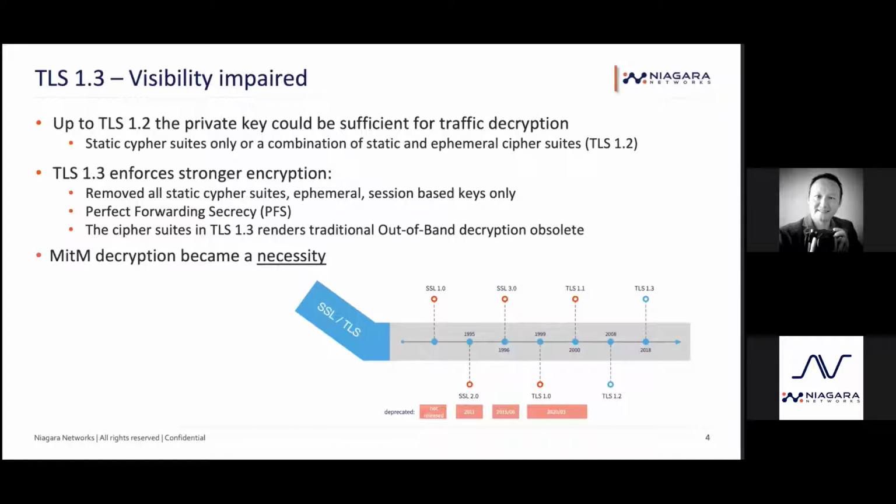Well, in TLS 1.2, there were already cipher suites that used ephemeral keys, which means that every couple of seconds the actual encryption key was rotating, so every couple of seconds you will have a new key to do the decryption.